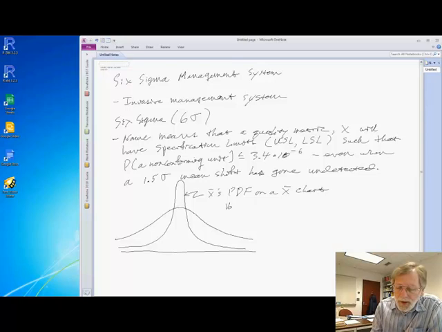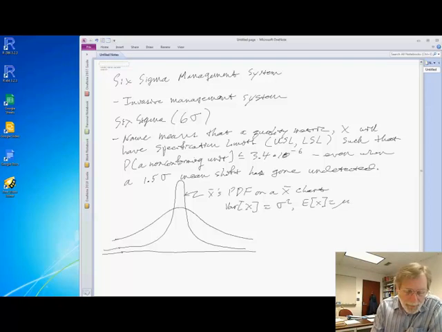Sigma squared is the variance of X. The mean of X is mu. Way out here is the lower spec limit, and way over here is the upper spec limit.